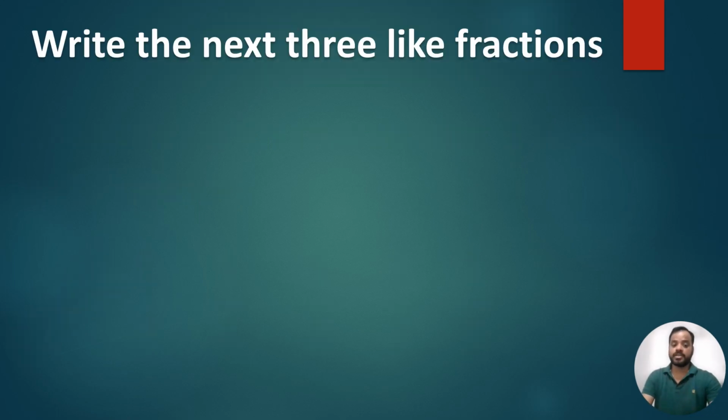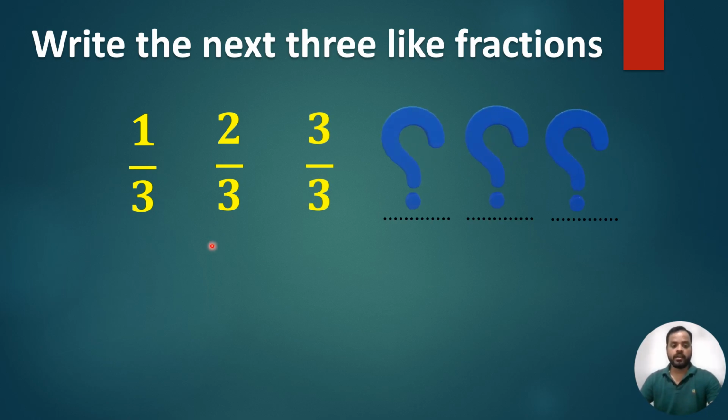Now solve questions. The question is: write the next 3 like fractions. And we know that in like fractions, the denominators of the fractions are the same. So look here, the denominators of the fractions are the same.